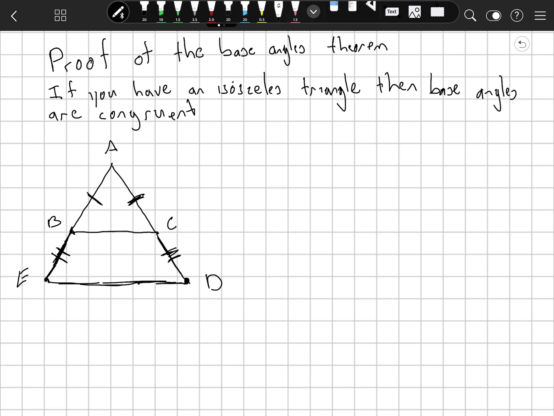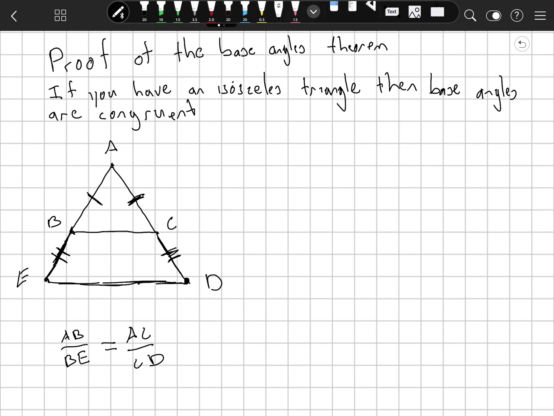And let's take a good look at what this tells us right here. It looks like we have some proportionality going on in this particular triangle. So you could say AB over BE equals AC over CD, because AB is the same thing as AC, and BE is the same thing as CD.